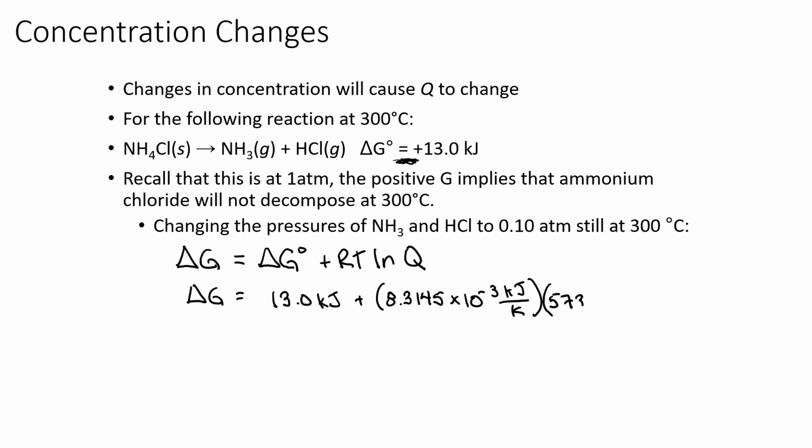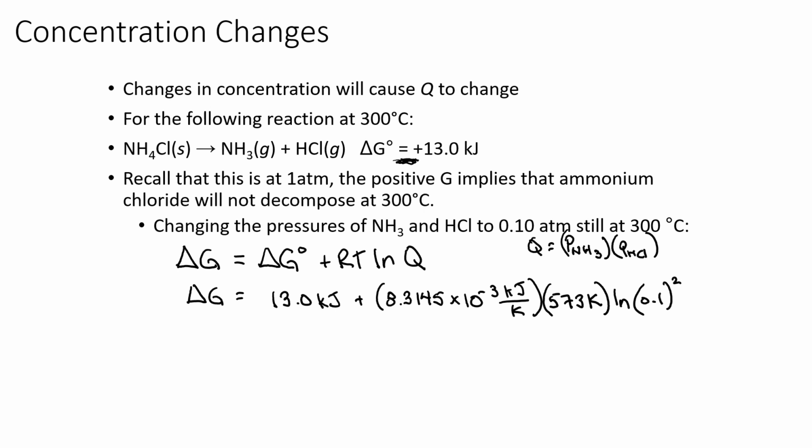So 573 Kelvin times the natural log of Q. Our Q is products divided by reactants, so that's the partial pressure of ammonia times the partial pressure of our hydrogen chloride gas. And each one of those is 0.1 atmospheres. So 0.1 times 0.1 is 0.1 squared.